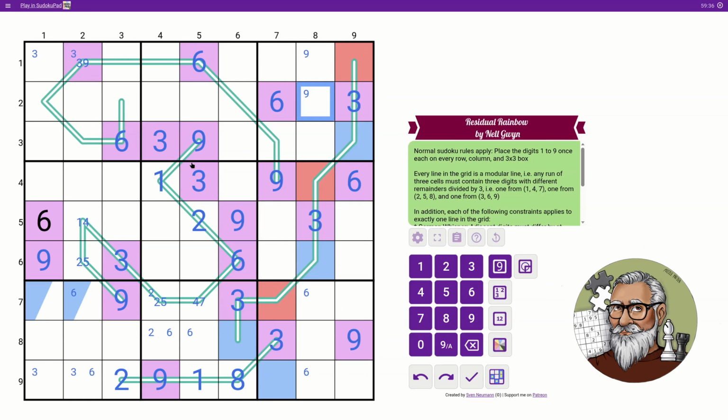I'm not sure how I'm going to do that. I know now that this is even, so these would have to be odd, but it's 157. That's still right.